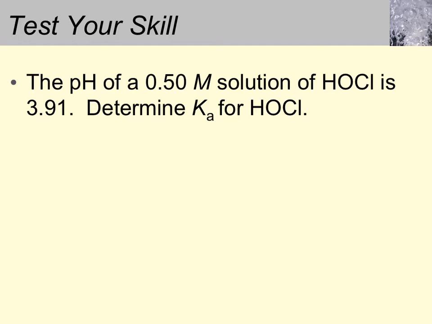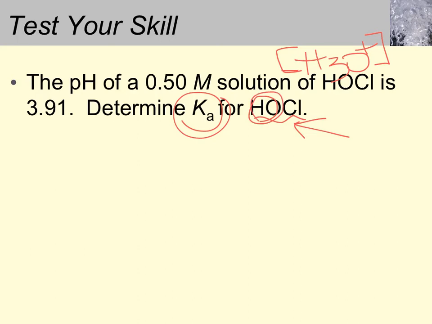Just like with our other ice table problems in Chapter 15, there are also different types of ice problems in the acid-base chapter. One, which we just saw, was to solve for the equilibrium concentration of hydronium ion. This problem is asking you to calculate the Ka for an acid, and yes, this is hypochlorous acid. It is an acid that you should commit to memory because a lot of students make the mistake of looking at it, seeing an OH, and thinking it's a base, but it's actually not.